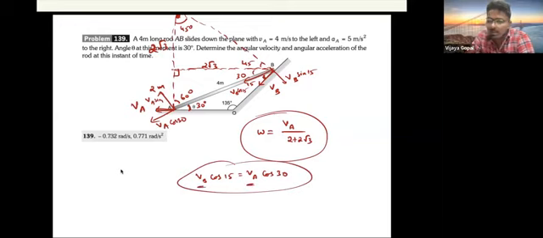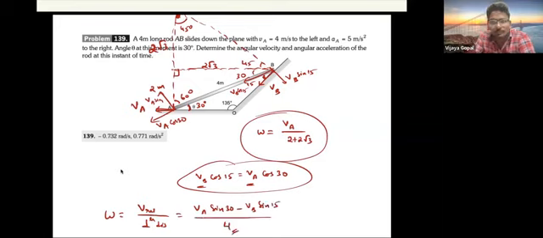Once you get VB, as he said, omega can also be written as V relative by the perpendicular distance. What is V relative? Can you tell? VA sin 30 minus VB sin 15 by the perpendicular distance, which is 4.